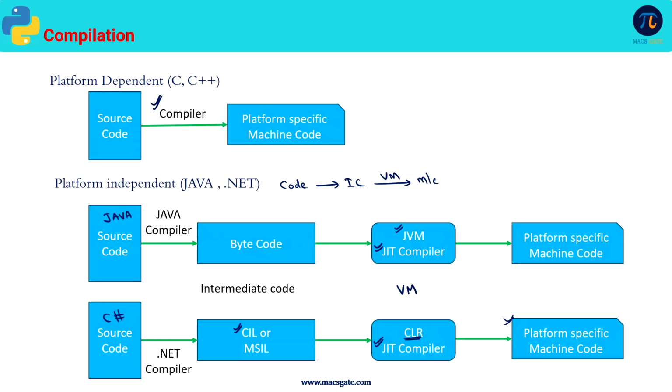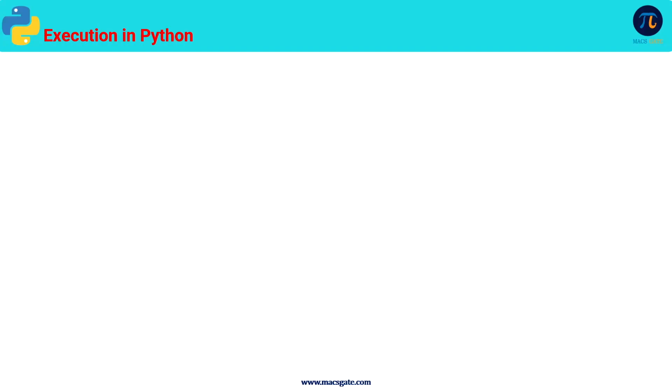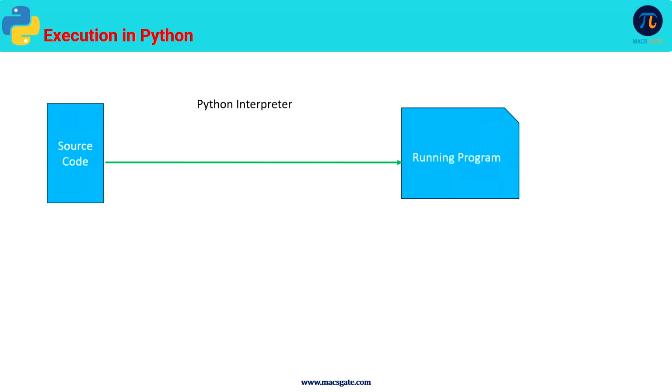Now let us understand the execution in Python. In Python, it appears as if the Python interpreter reads the code line by line and executes it immediately. However, the bytecode compilation process still occurs, but it is done automatically by the Python interpreter.